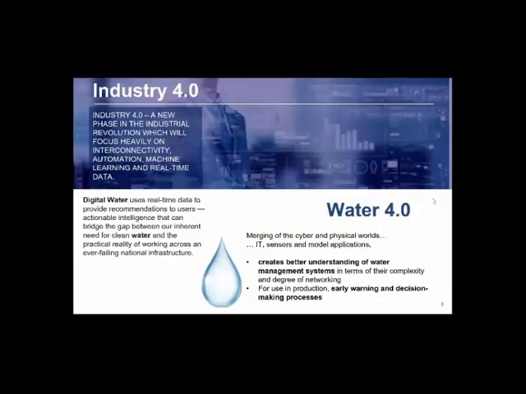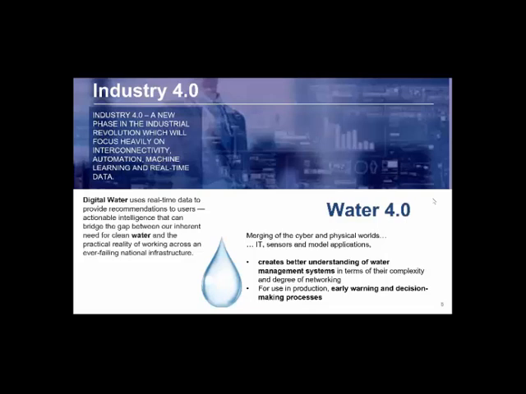Basically, Industry 4.0 is by now affecting every conceivable industry, with its focus on interconnectivity, automation, machine learning, and real-time data. The equivalent of Industry 4.0 in the water sector is termed Water 4.0 or digital water, where there's a merging of cyber and physical worlds to create a better understanding of water management systems.